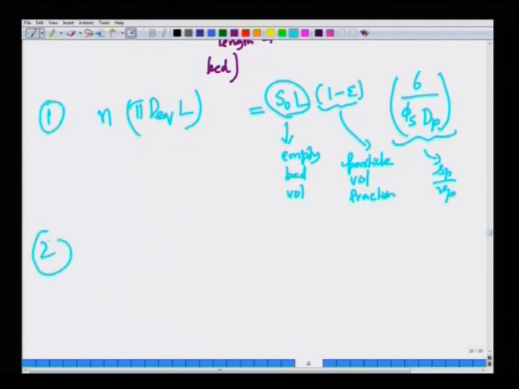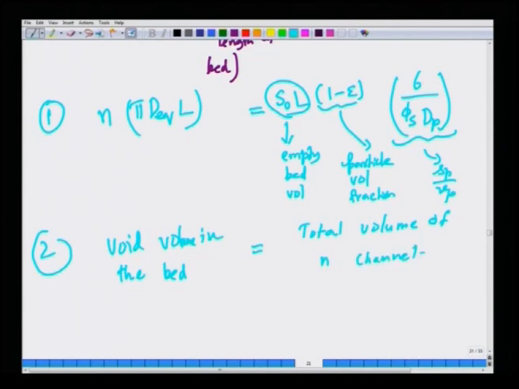The second constraint we have is that the void volume in the bed is the same as the total volume of the n channels. So, the void volume is simply S naught times L times epsilon, because this is the empty bed volume, and once you put in particles, this is the void volume, because epsilon is the void volume divided by the total volume.